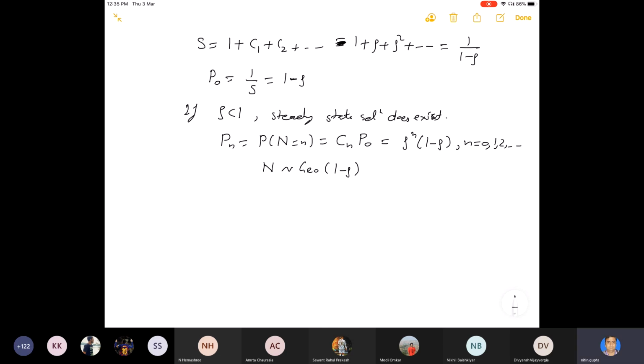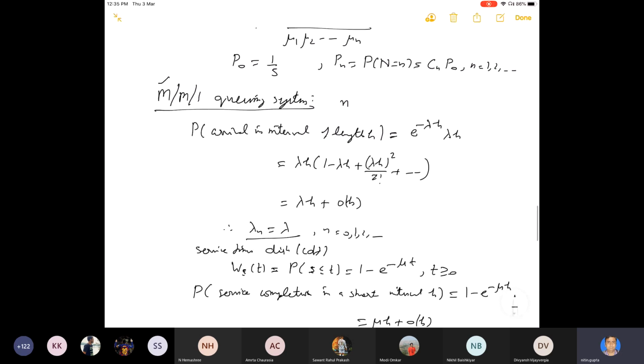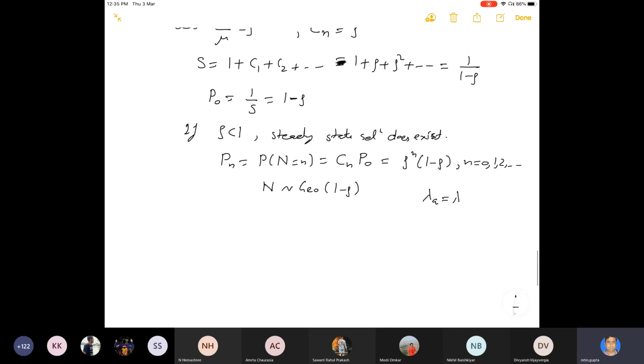So clearly then, because infinite capacity is there, M/M/1 infinity, each customer is allowed in the system. So the average arrival rate is lambda times the probability with which customers are allowed in the system, that will be probability 1, lambda into 1. So lambda A, the average arrival rate, is lambda.